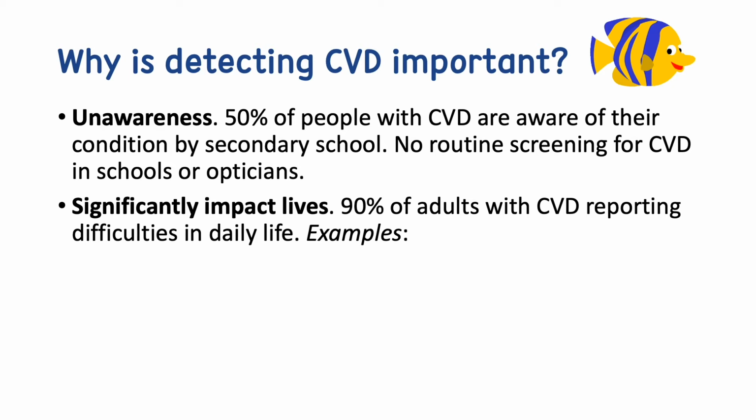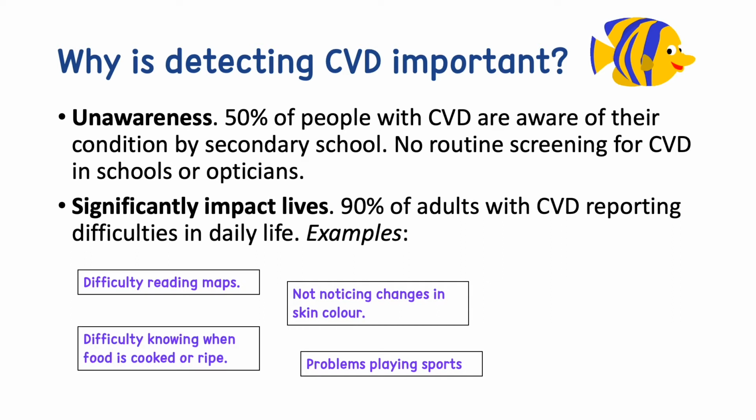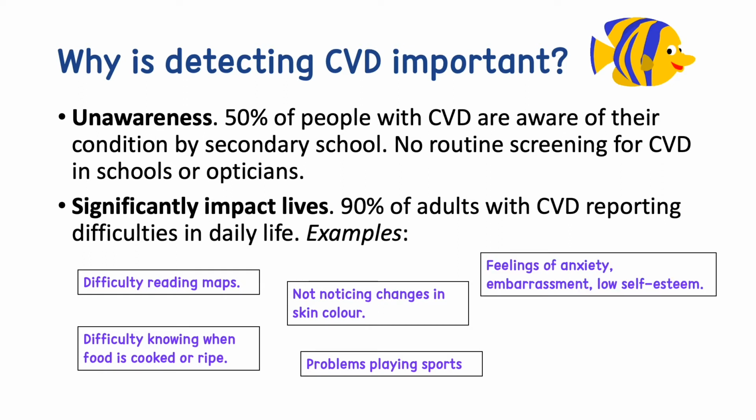90% of adults with CVD report having difficulties in daily life, and these are problems people with normal colour vision might take for granted. So these can include difficulty reading maps, not noticing changes in skin colour such as a sunburn or a mole change, problems when playing sports such as finding the ball or identifying team members due to the colour of bibs, difficulty knowing when food is cooked or ripe such as meat, and it can also lead to negative well-being effects such as the feeling of anxiety, embarrassment and low self-esteem.